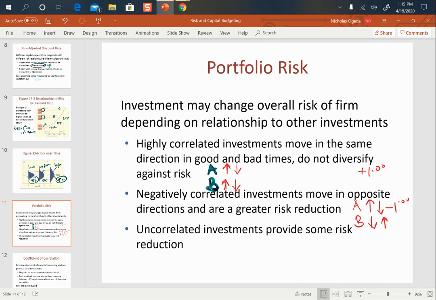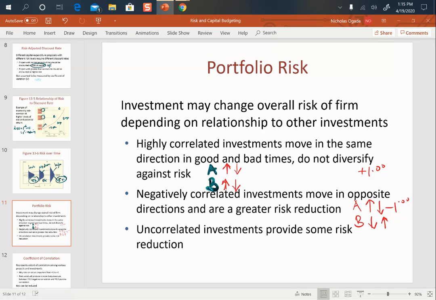Why am I saying so? What I mean by this is you're going to choose investments, for example, that are in different industries or different sectors. For example, you could invest in the airline industry, and you also invest in the pharmaceutical industry, right? These are two different industries, and therefore there's no correlation in the investment in those two.